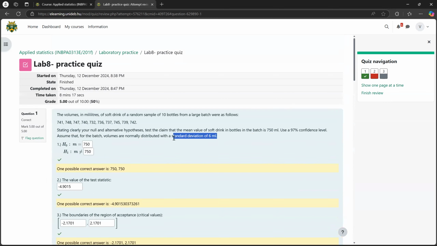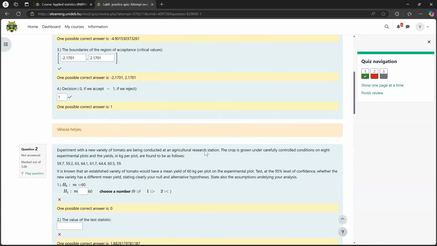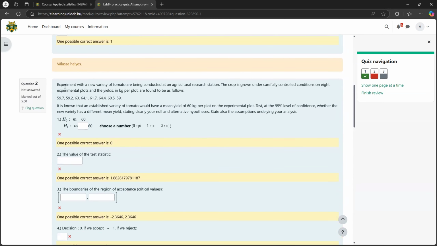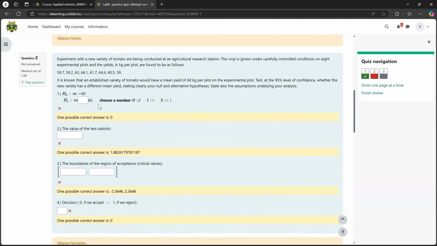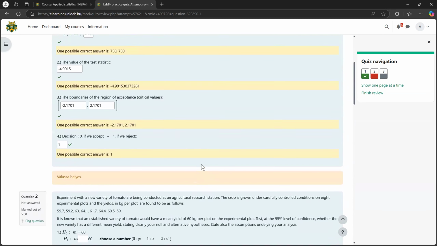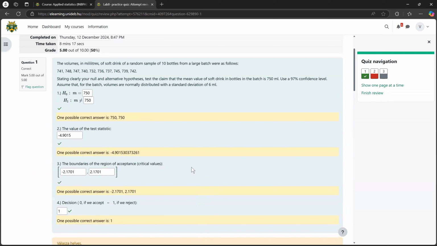If the standard deviation is given, it means z-test. If no standard deviation is given, it is a t-test. That's how you'll know. So with that, we move on to the t-test, which is the exact same as the z-test, but with a tiny bit of difference.